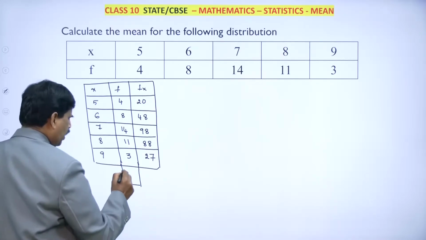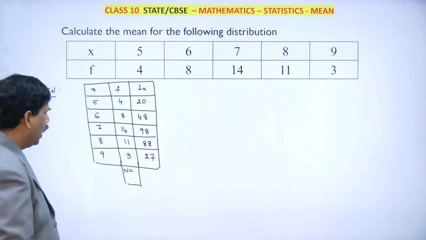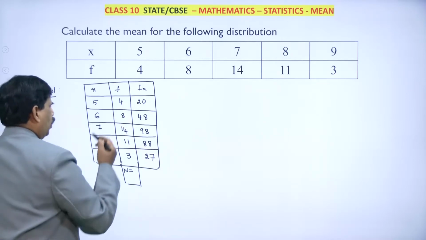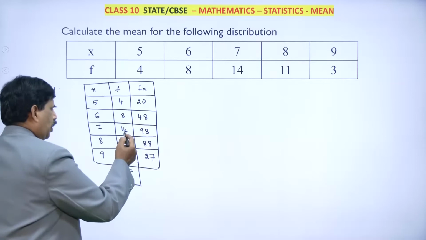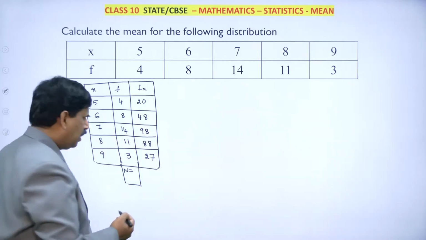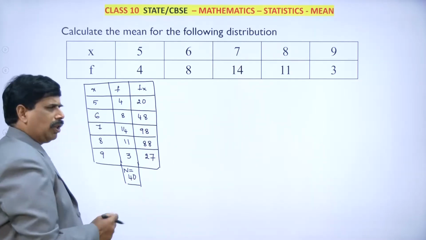So this is your n, children, capital N, the sum of the frequencies. You add now. 8 plus 4, 12. 12 plus 14, 26. 26 plus 11, 37. 37 plus 3, 40. We got the total frequency.